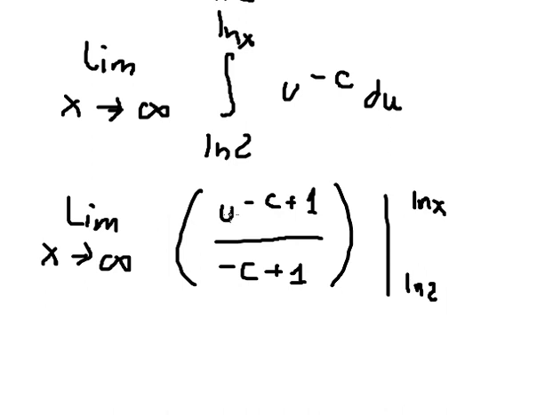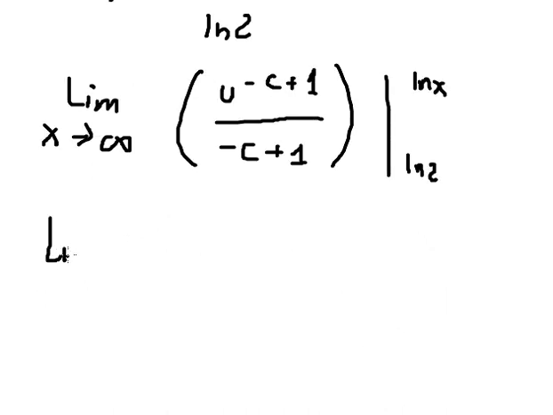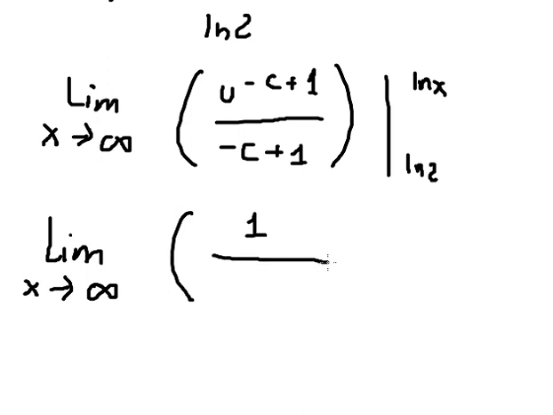So I will put this one in here, and f(2) in here. So that should be 1 over f(s) to the power of c minus 1.